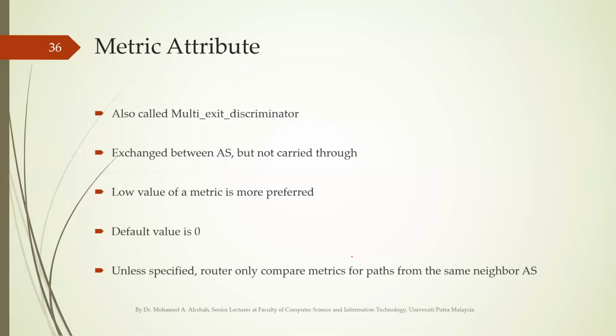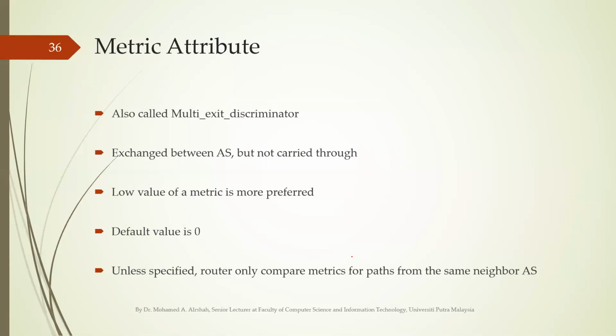Then we have the metric. Metric is also called multi-exit discriminator. It is exchanged between autonomous systems, but not carried through. So it will be exchanged among the exterior BGPs, but it's not going to be carried through the iBGPs.